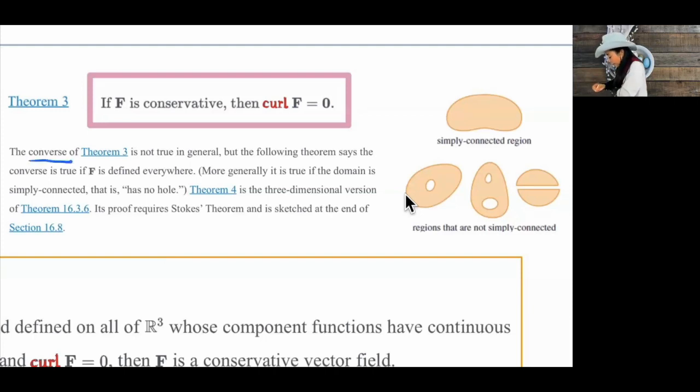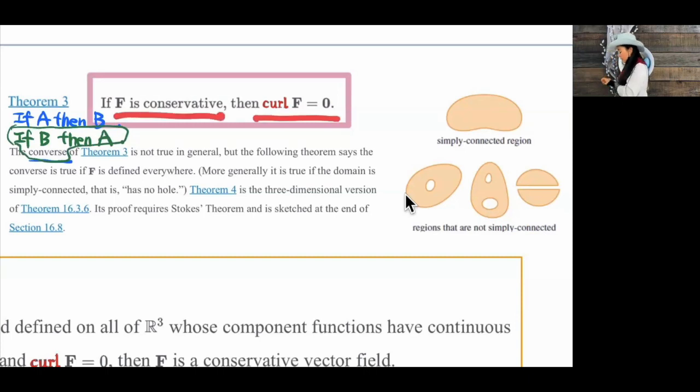So if A, then B, the converse is if B, then A. Just reverse it. That's the converse. So the converse of this is: if the curl is equal to zero, then the vector field is conservative. That's not true in general.